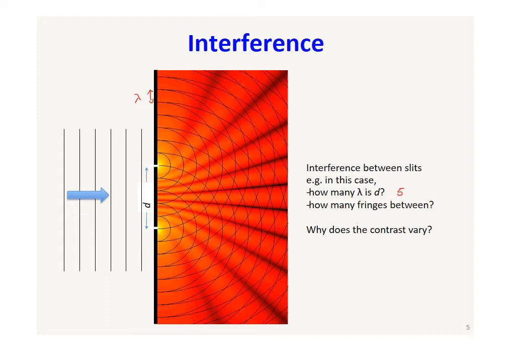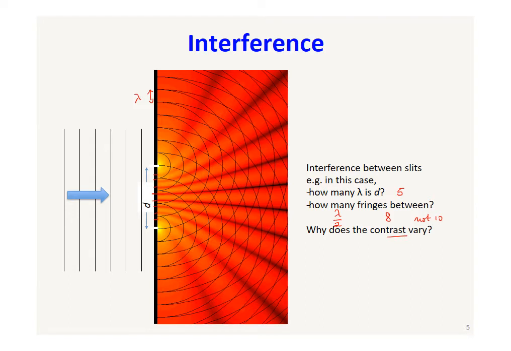Well, it looks like the fringe spacing is about half a wavelength. However, we can only see, I would say, about 8 fringes, not 10. It's hard to tell because the contrast is really decreasing as we get closer to those points of light.